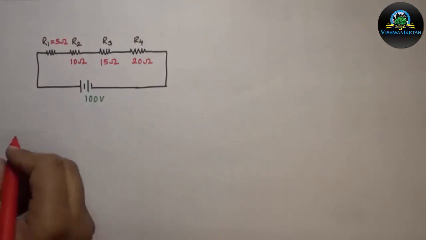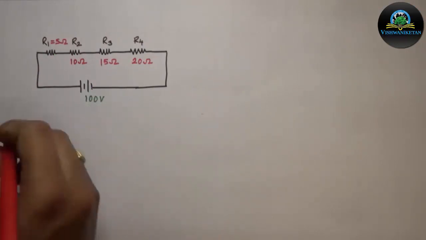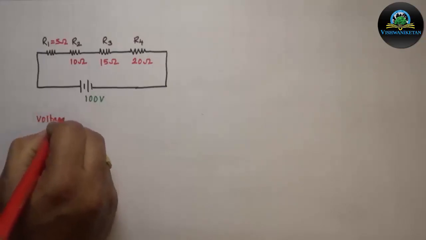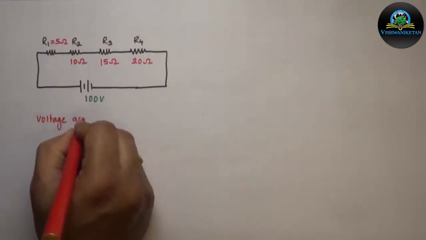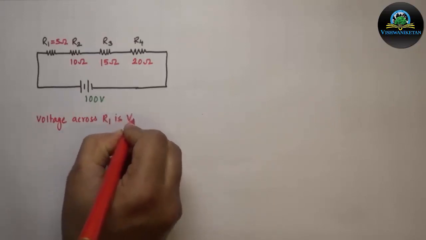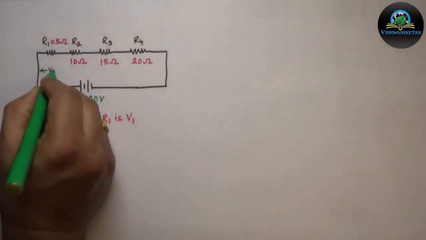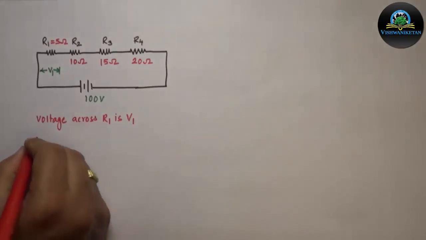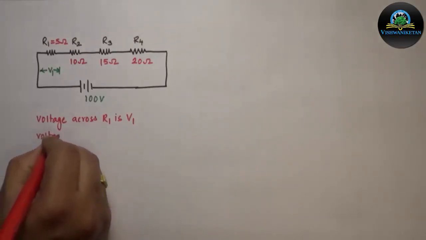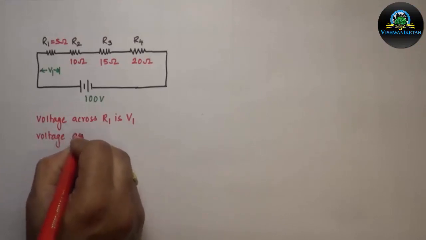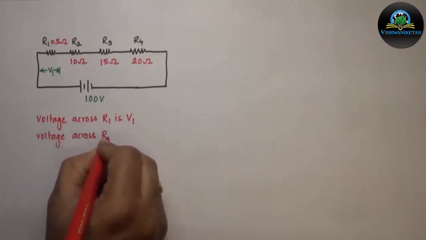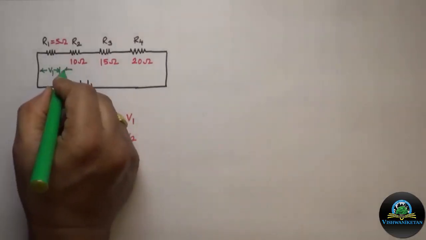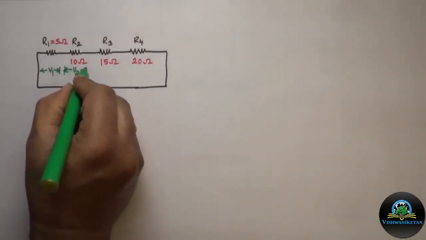Let us assume that voltage across R1 is denoted by V1. This is my V1. Similarly, voltage across R2 is V2. So this is V2.